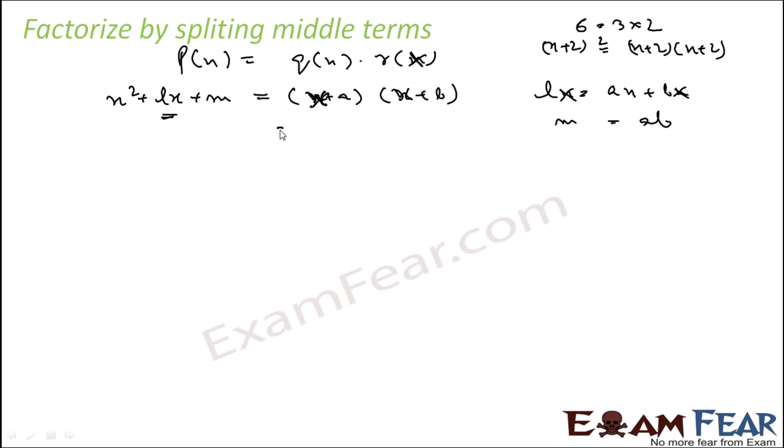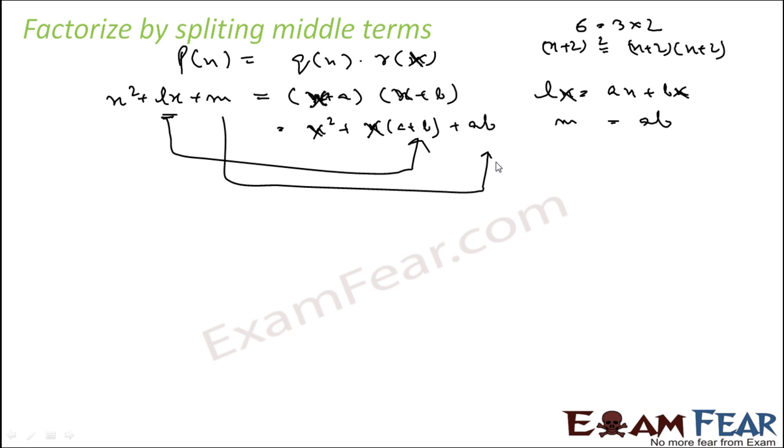I'll show you how. This is nothing but x square plus x into (a plus b) plus ab. So if you compare these two, l is a plus b and m is ab. This is something we have seen.